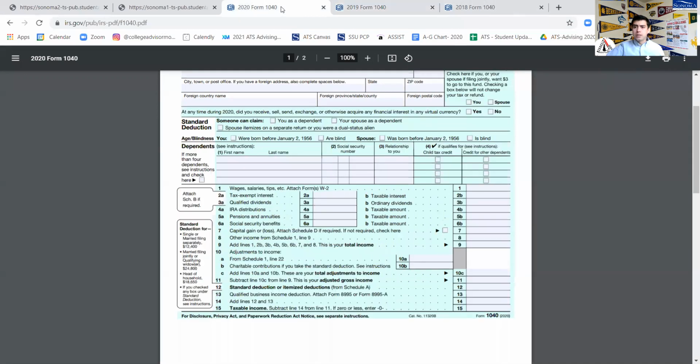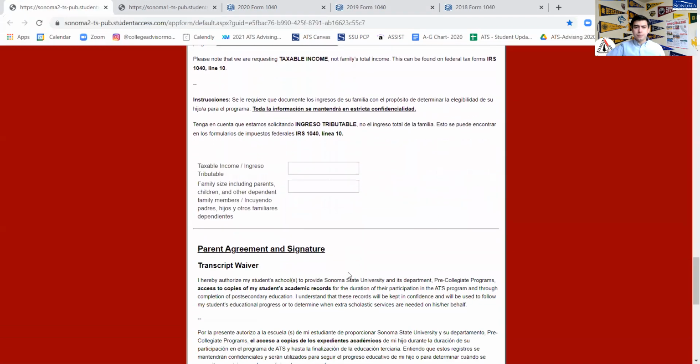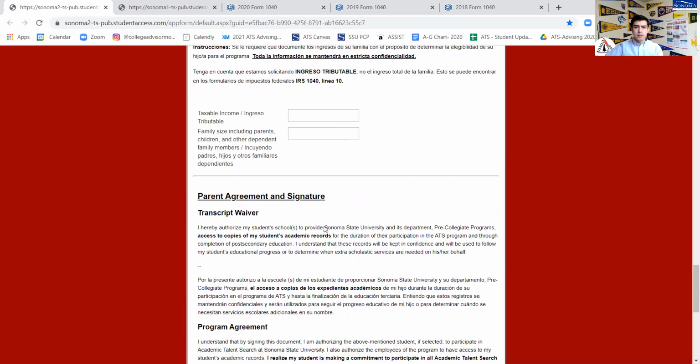If you've already completed your 2020 taxes, then it will be right here, line 15. All right. So you'll enter that, and also the total family size at home. What that includes is parents and students and any dependents.